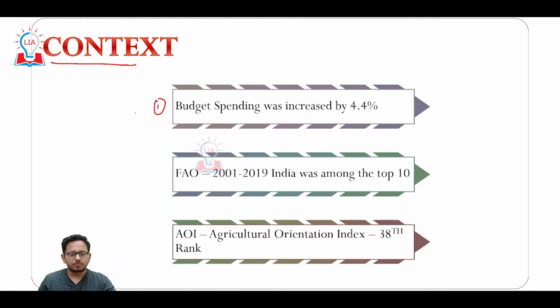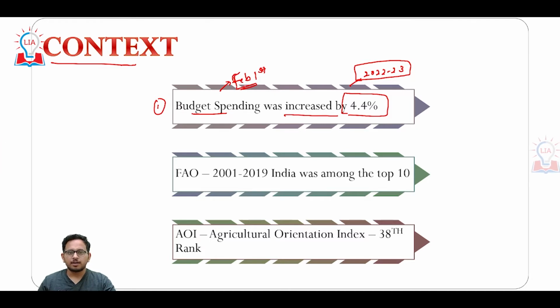The first one is that budget expenditure on agriculture was increased by 4.4% in the year 2022-23. The recent budget was submitted on Feb 1st. In this budget, the investment for agriculture was increased by 4.4%, and this is a huge amount when you calculate 4.4% of the total budget outlay, that is 39.5 lakh crores.